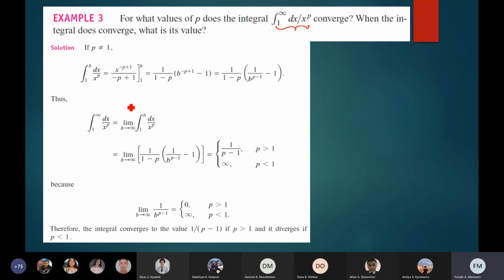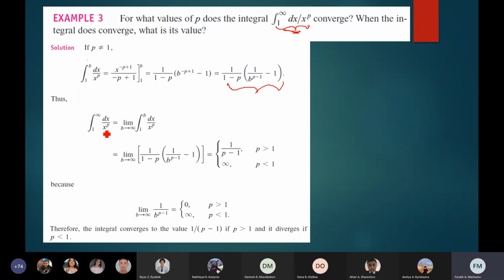There is a solution. So let's find it again. To find the integral from 1 up to infinity, we need to find firstly the integral from 1 up to b, and if we find the integral of this function, we get this one. The definite integral, yeah, we put here 1 and b, and we get this one.